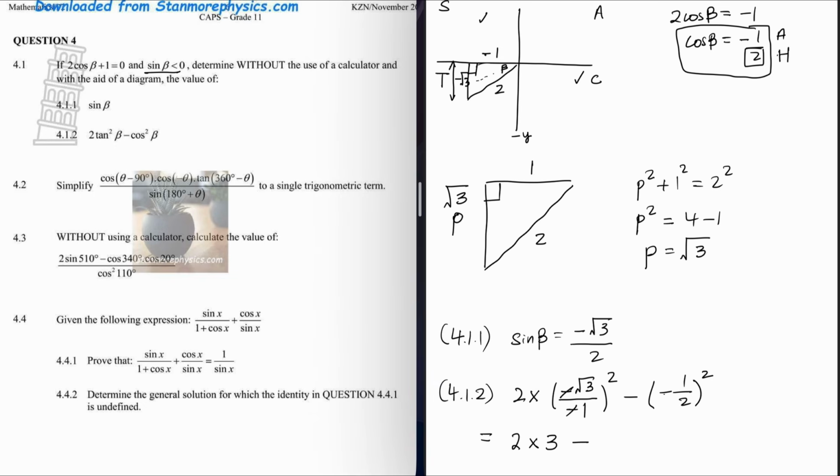Now negative a half all squared is going to give me positive a quarter, because negative a half times negative a half is equal to positive 1 over 4. So this is going to be minus 1 over 4. So this is going to be 6 minus a quarter, which is equal to 5.75, 5 and 3/4.